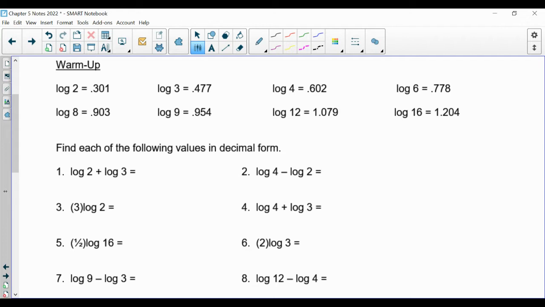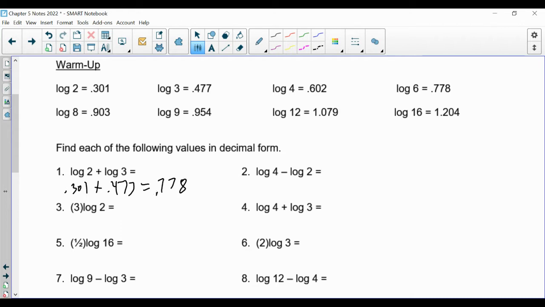So what I want you to do is literally, I'll do the first one for you. It says find each of the following values in decimal form. So log 2 is 0.301. Log 3 is 0.477, and I want you to add them together. And yes, I'm trying to ask you to do this without a calculator.